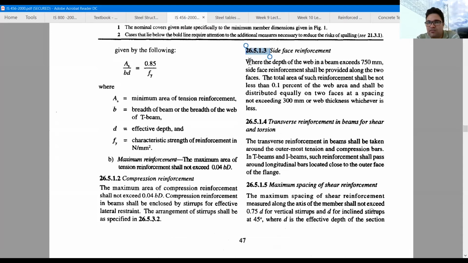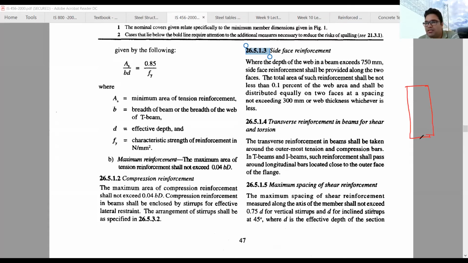Here it says where the depth of the web in a beam exceeds 750 mm. Basically, if we are taking a rectangular beam, then this whole part can sometimes be termed as web. So side face reinforcement shall be provided along the two faces, along this face as well as along this face. We never provide it only on one face. Generally we provide on both faces.